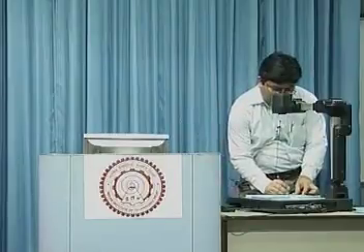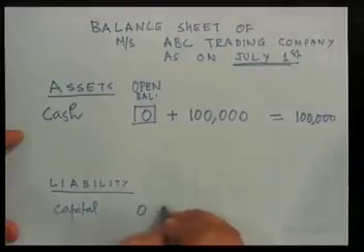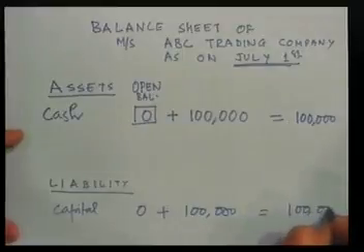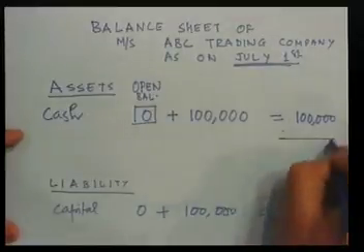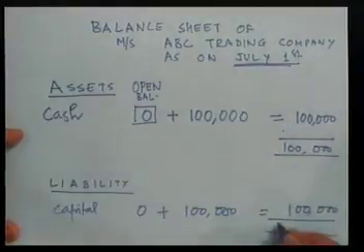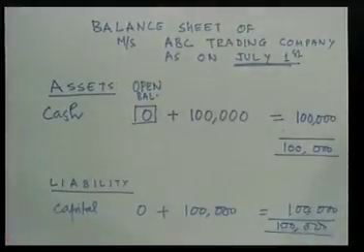So here I write capital, liability is capital of 0 plus 100,000. So here I have got a total liability of 100,000 as well as the total asset of 100,000. This is what is meant by balance sheet. What you find, the assets as well as the liabilities are balancing each other.